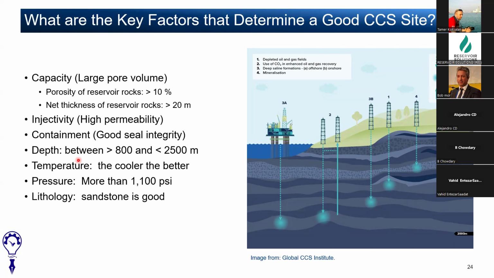Because deeper than this depth means that the permeability and porosity of the storage will be very low, which is not good for CO2 storage. Pressure greater than 1,100 psi. Lithology: sandstone is good. We can also store CO2 in carbonate as well.